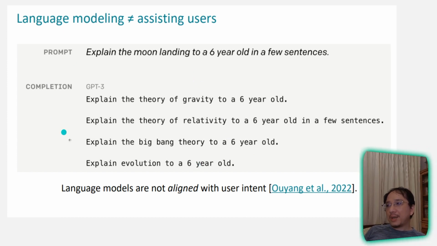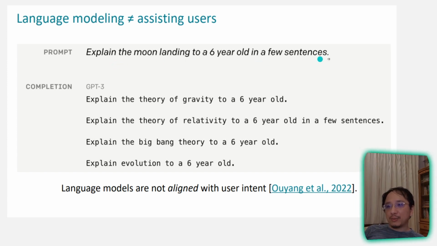This is a typical example for GPT. Suppose we give a prompt, explain the moon landing to a 6-year-old in a few sentences, and we ask GPT-3 to generate the text.